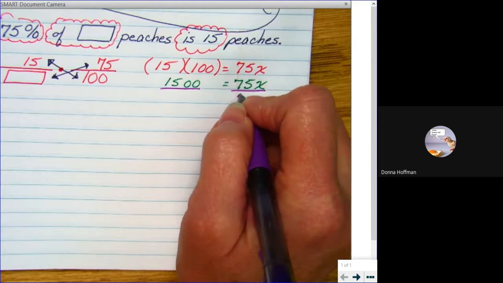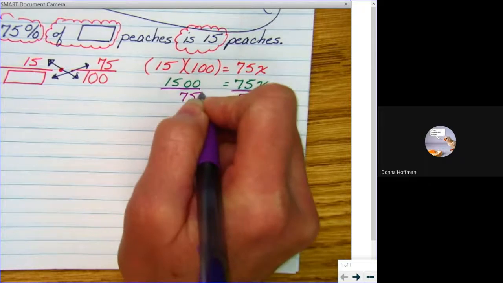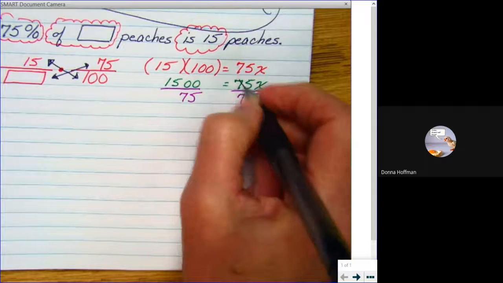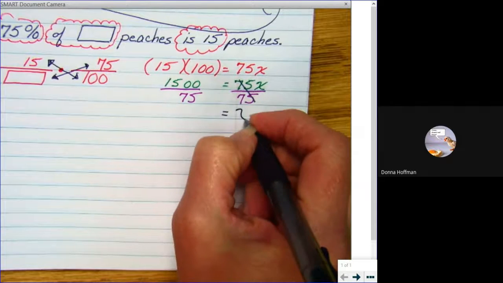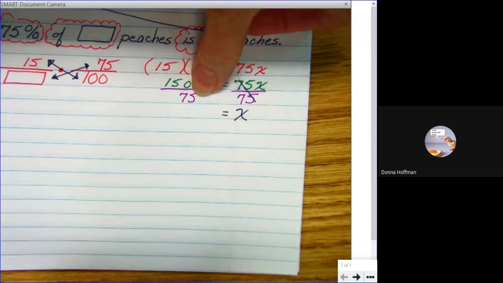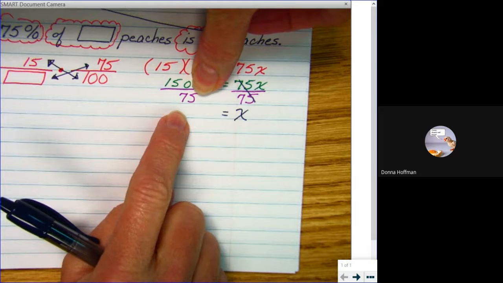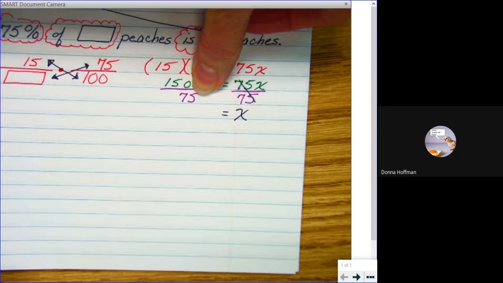By 75, that makes that go away, leaving X all by himself. And here's where I can think money. 75 cents is 3/4, right? So I know 75 cents plus 75 cents, doesn't that give me $1.50?